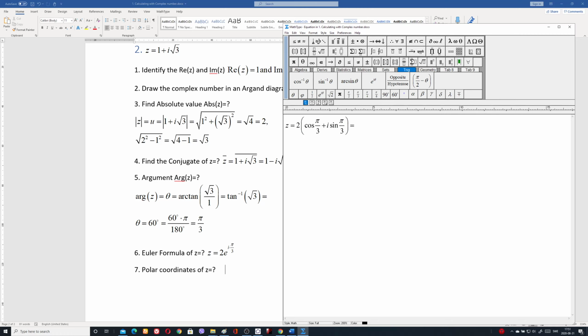And now take your calculator and multiply this one by 2, and this one here, 2 times sine.